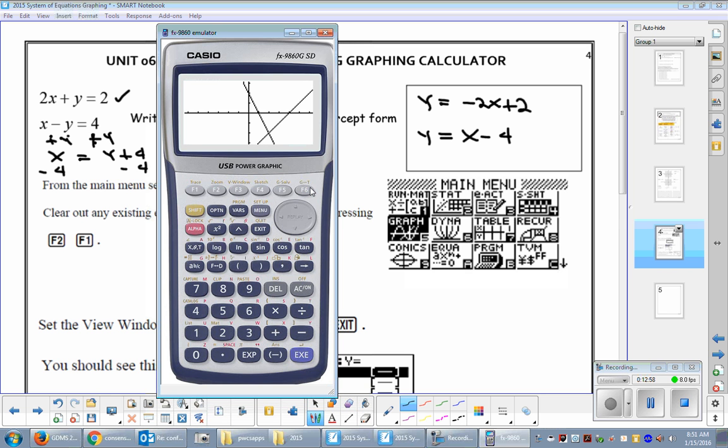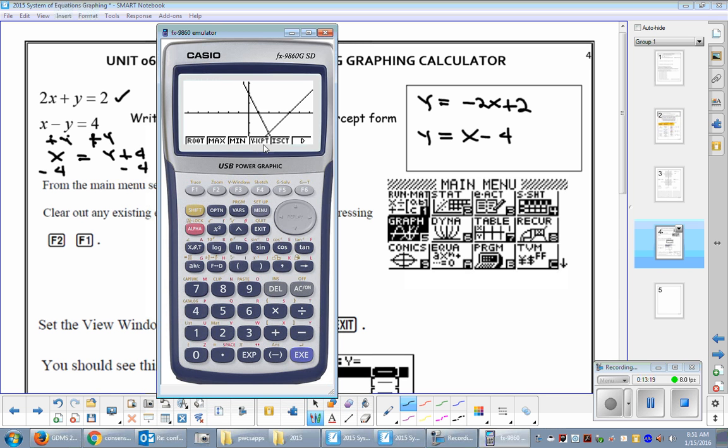To find the intersection, which is this point, we are going to use G-solve, which is above F5. So we have to press Shift, G-solve, which is F5. And then here you will see Y ICPT, that's your y-intercept.